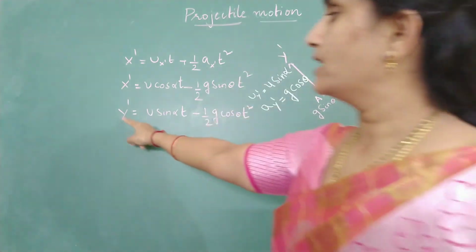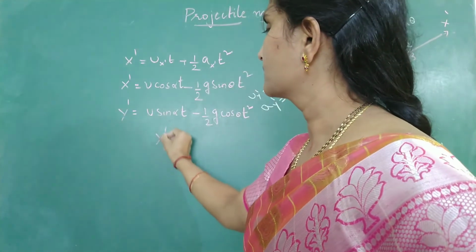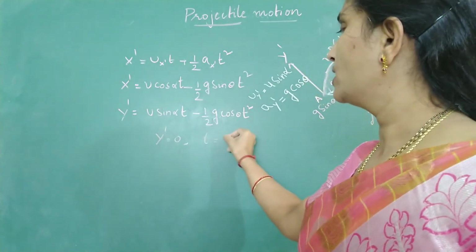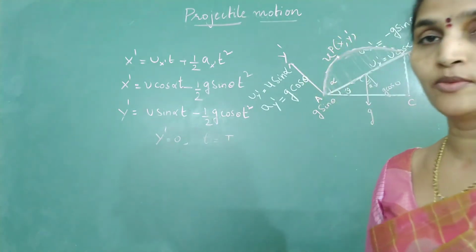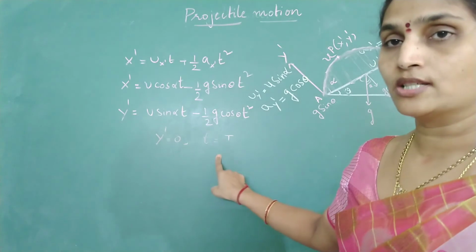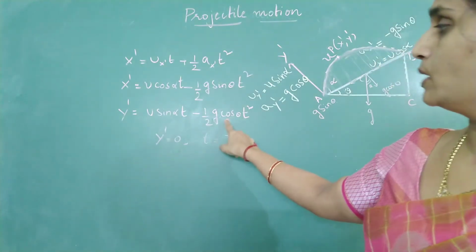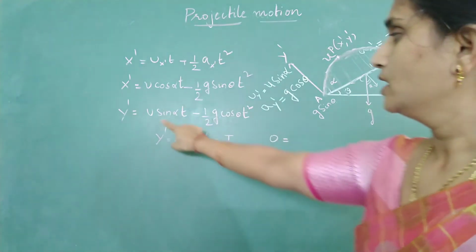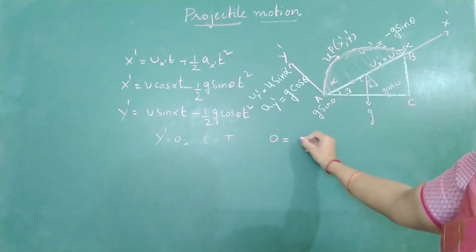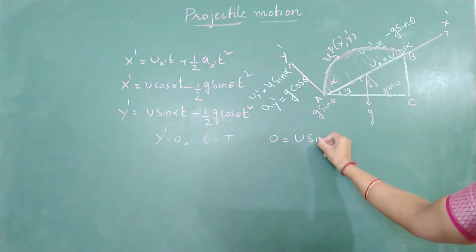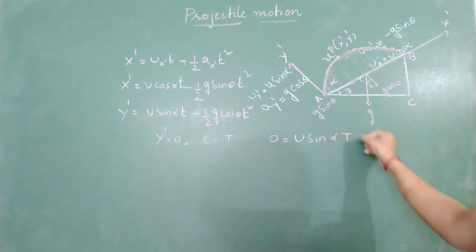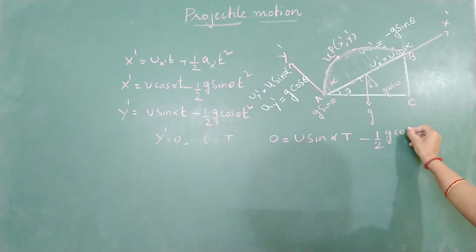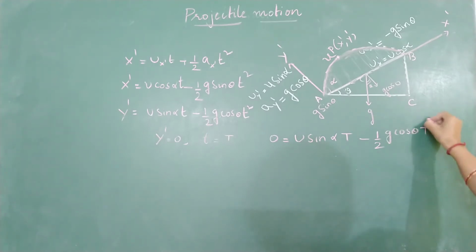So put y dash equal to 0, and small t becomes capital T, which is the time of flight. Substituting these two conditions in the above equation, what will you get? 0 equal to u sin alpha T minus half g cos theta T squared.